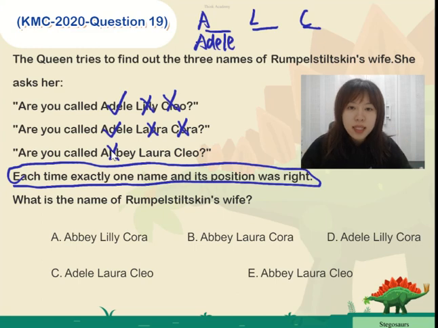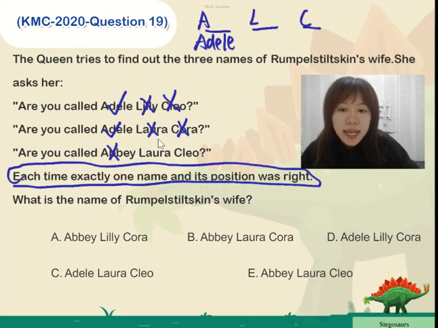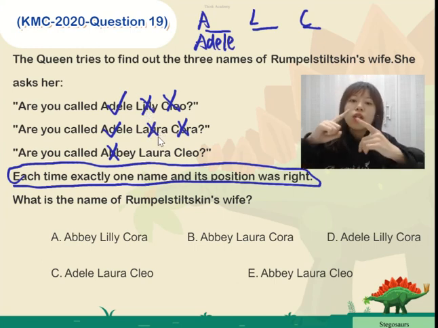Now, until now, it makes sense. Let's continue for the second name. It's either Lily or Laura, but as you can see, we already excluded these two names. So that doesn't make sense anymore.